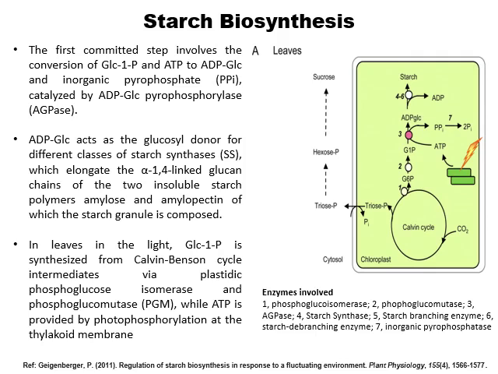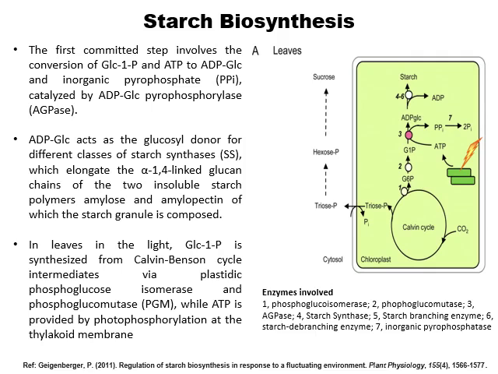This glucose 6-phosphate is then converted into glucose 1-phosphate. This is just a mutation reaction which is catalyzed by the phosphoglucoisomerase and phosphoglucomutase enzymes. And then the principal enzyme of starch biosynthesis, the AGPase enzyme, comes into action, resulting in formation of ADP glucose. And this ADP glucose serves as the molecule which provides the glucosyl residues for building up the amylose chain and the amylopectin chain of the starch.